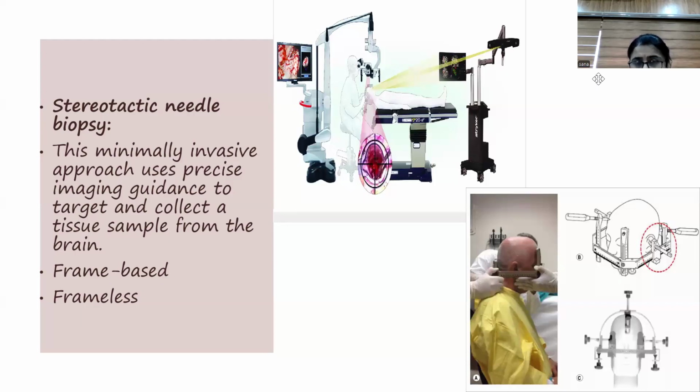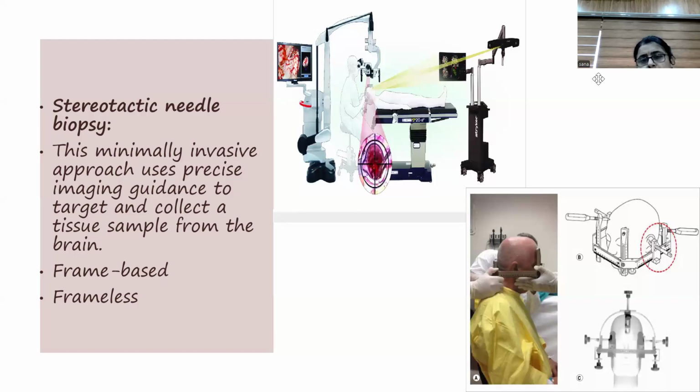Recently, frameless stereotactic biopsies and frameless stereotactic procedures are also in practice, in which there is no need of a frame on the head. Placing a frame on the head is a very cumbersome procedure. Many patients are very reluctant and cannot carry this frame and do the CT or MRI, whatever the modality you select for taking the image with this frame.